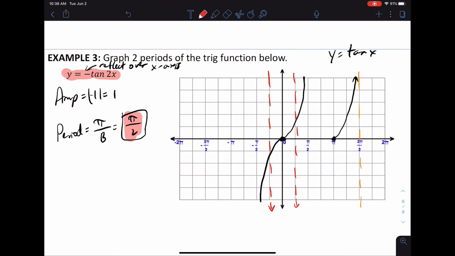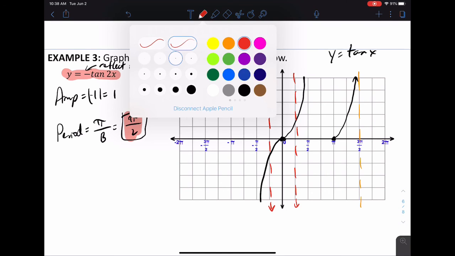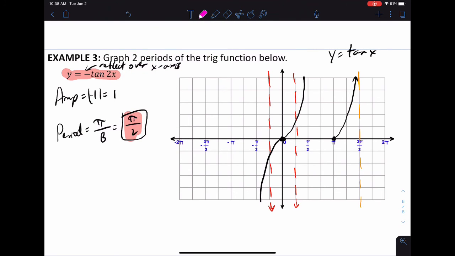And the shape is going to stay the same. It looks like it stretches a little bit because the asymptotes have come together more, but that's essentially what it's going to look like. It's one period there.